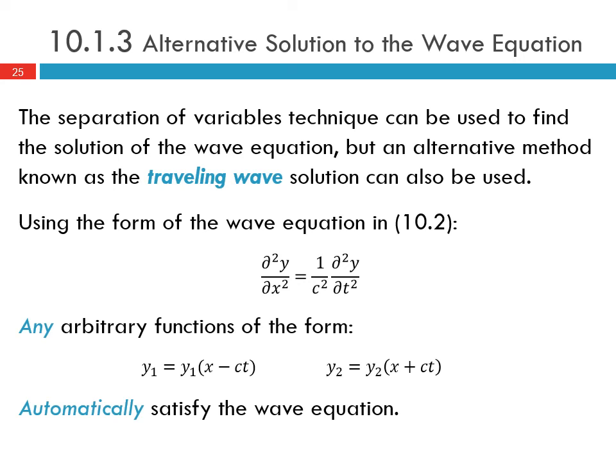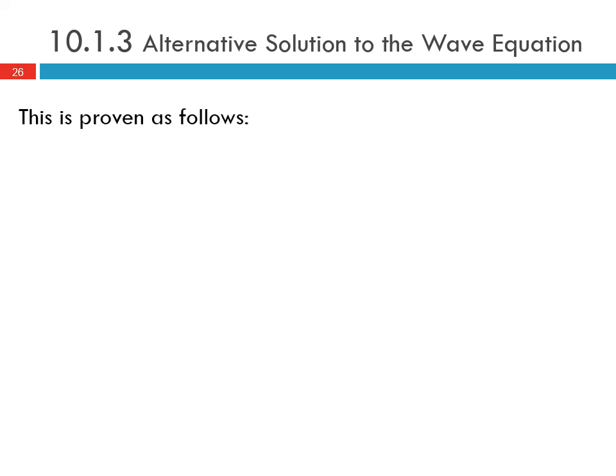Now, any arbitrary function of the form y1 as a function of x minus ct, and y2 as a function of x plus ct, will automatically satisfy the wave equation. And we can see this by first considering the first equation, y1. y1 we said was a function of x minus ct.